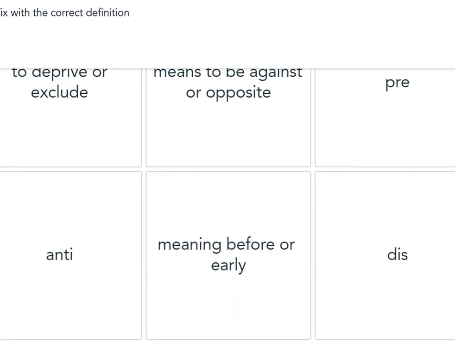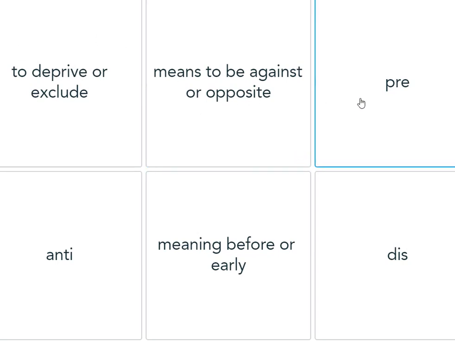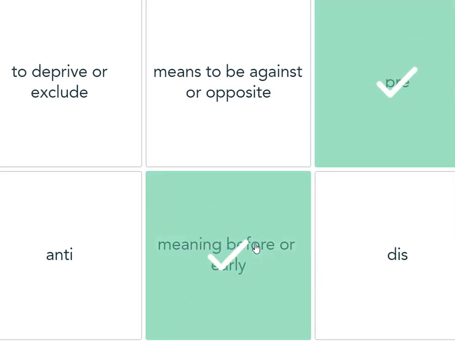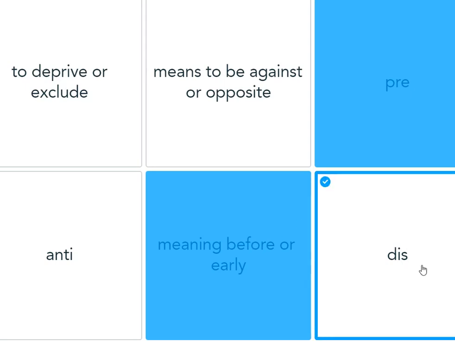Now, this time we are going to match these prefixes with their correct definition. What do we know? I know that pre means before or early. Then I focus on dis. Dis means you are going to be what? Deprived, excluded. Against.